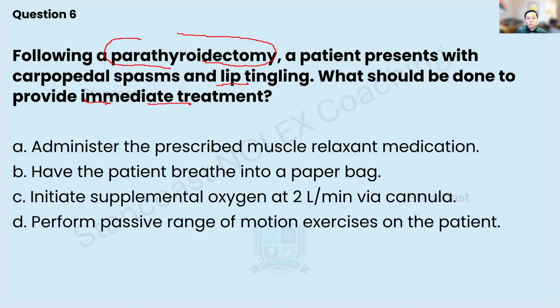So what you should do here as the nurse taking care of this patient, we are being asked about immediate treatment, initial treatment. Would that be A, administer the prescribed muscle relaxant medication, or B, have the patient breathe into a paper bag, or C, initiate supplemental oxygen at 2 liters per minute via nasal cannula, or D, perform passive range of motion exercises on the patient?